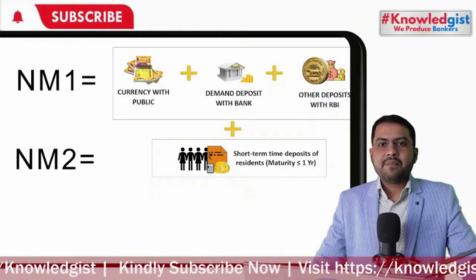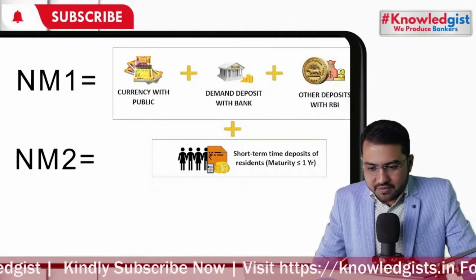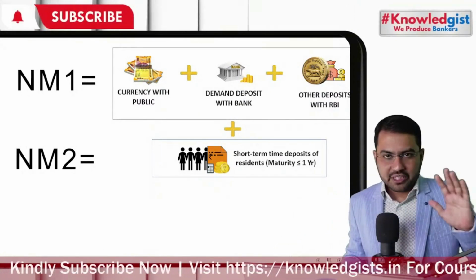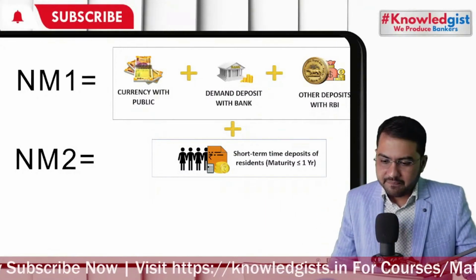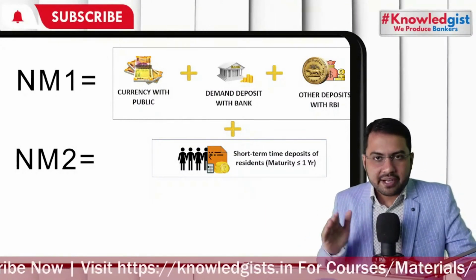Earlier it was in multiples of 3 months. So any short-term time deposit, FD for 6 months, 9 months, etc., is to be factored in when we discuss NM2.